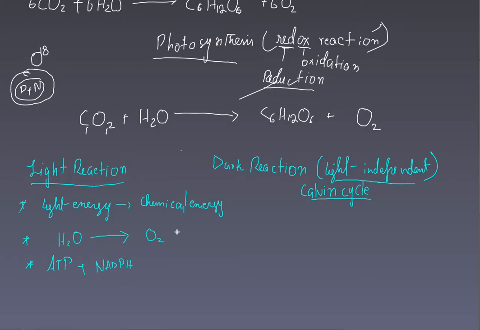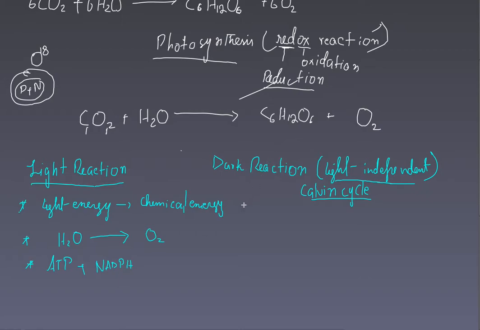You take light energy, you convert it into chemical energy. Along that process, you're taking water and converting it into oxygen, and at the end you get an ATP, NADPH, and oxygen as well. So you can notice that in the light reaction, they're not generally making glucose, which we see in this equation right here.